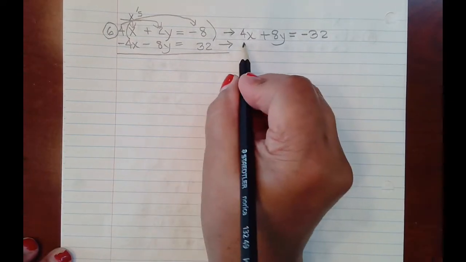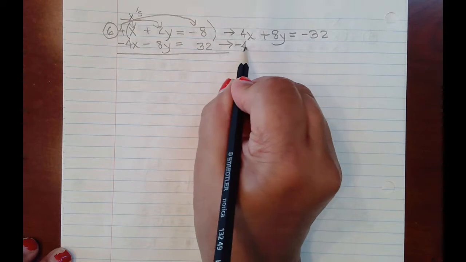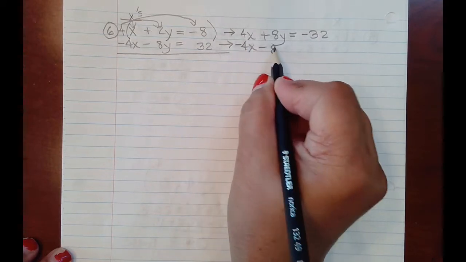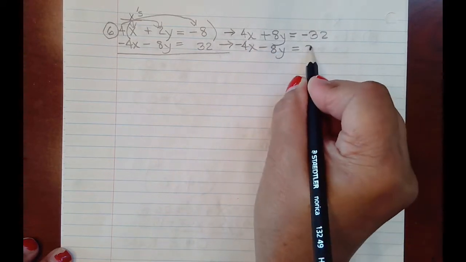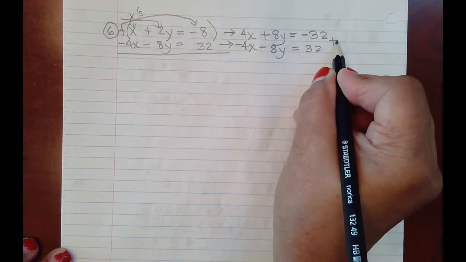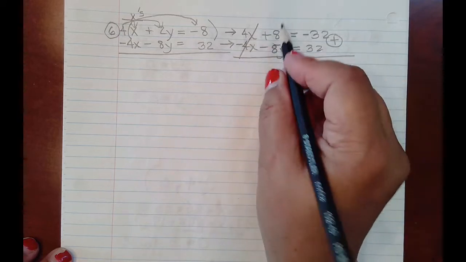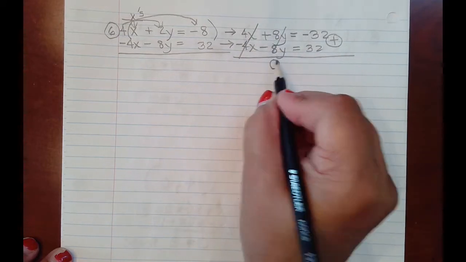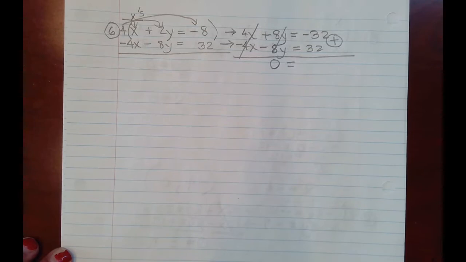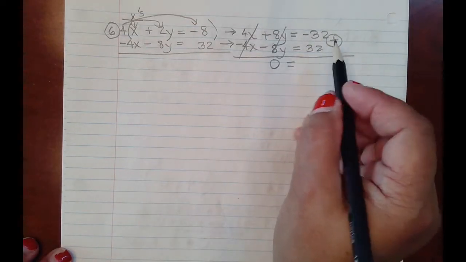Bringing over the bottom equation as is, you'll have -4x minus 8y is equal to 32. Combine the two equations. So it's this plus this, gone. This plus this, gone. Okay, so again, our variables have disappeared. Is this a true or a false statement? -32 plus 32 is 0.